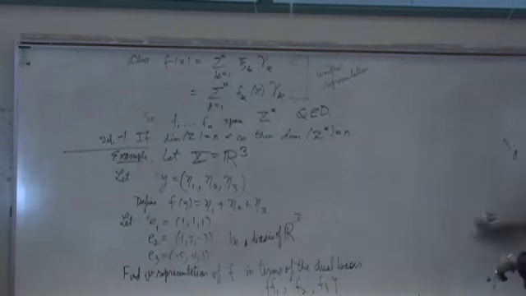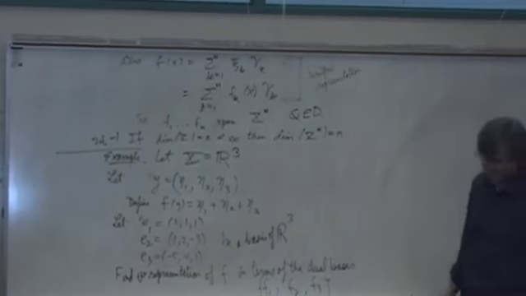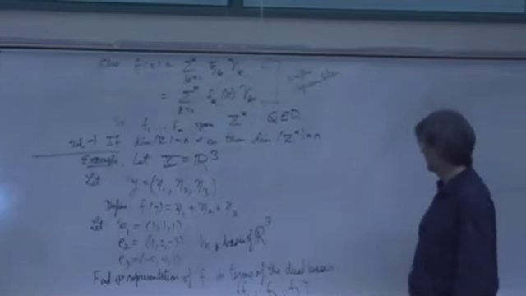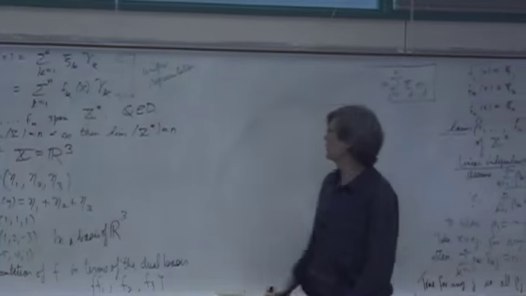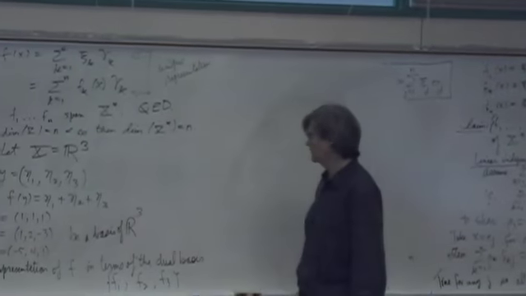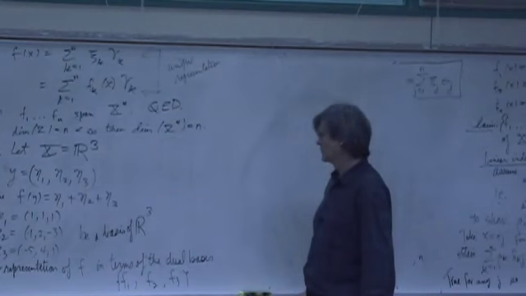I'm erasing all the good stuff. To remember it. So what do I have to do to find the representation? I'm not even going to compute the dual basis first. What is the representation? What are the gammas?